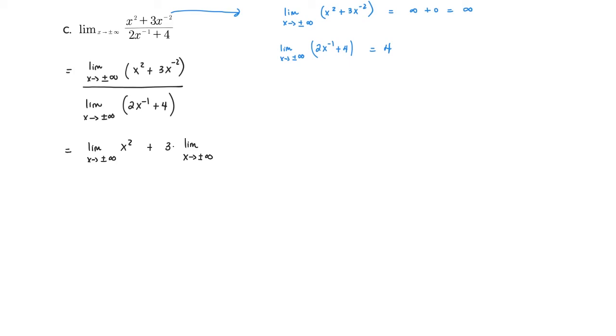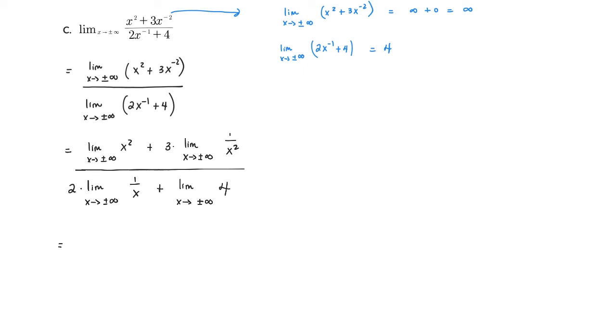Actually, I can even write this as 1 over x squared, and that will be divided by the limit as x approaches positive or negative infinity of 1 over x, and allow me to write the coefficient in front of the limit, plus the limit as x approaches positive or negative infinity of 4.